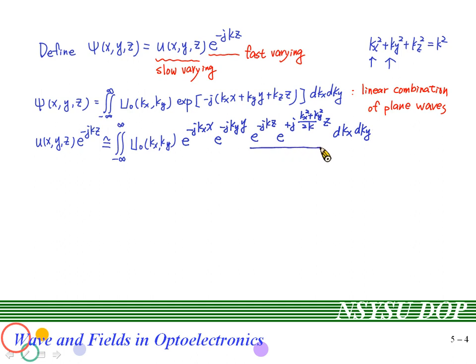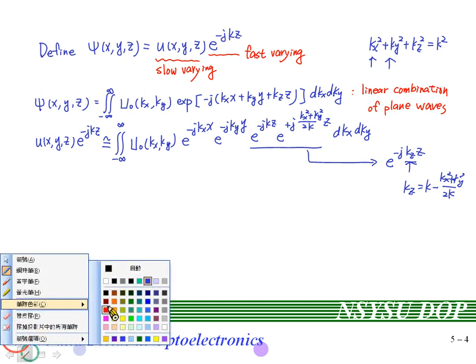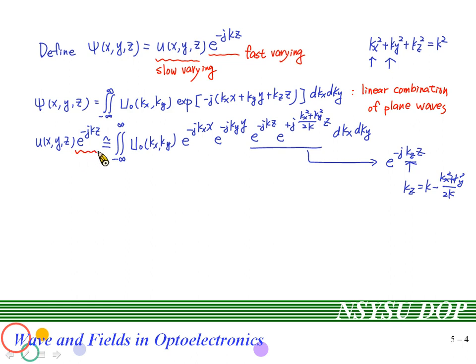These two terms represent the exponential minus jkz here, and the kz for the paraxial approximation will be k minus (kx squared plus ky squared) divided by 2k. So this is why we write it in this way. Okay, then compare the result on the left hand side and the right hand side. You will see they have a common term, as I marked with the red curve.